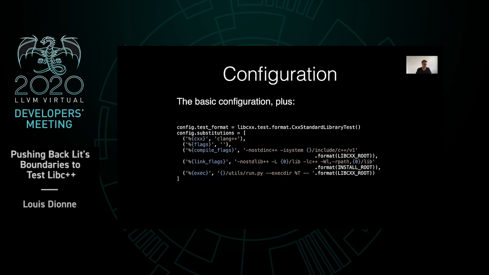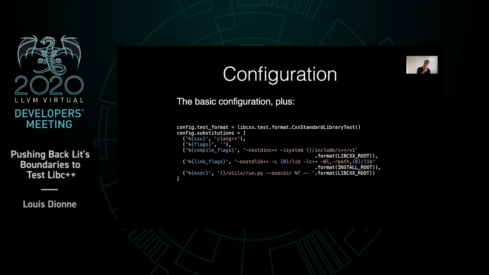So the configuration required for the new test format is basically the basic configuration plus some substitutions like we saw before. So you need to pass the %cxx substitution, which is the compiler to use for compiling the tests. Then the flags substitution is flags that are common to compiling and linking.